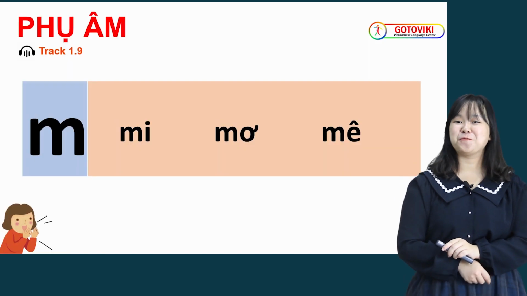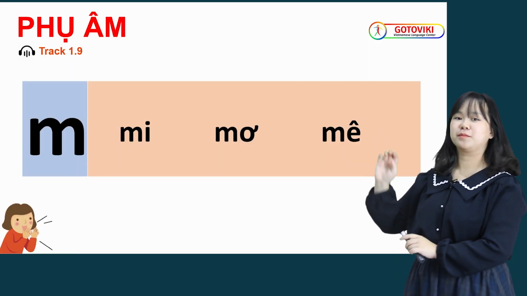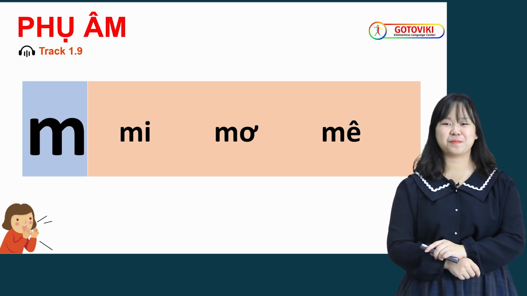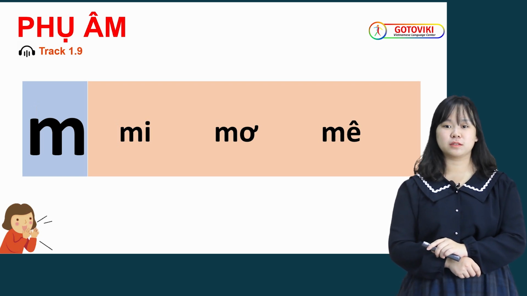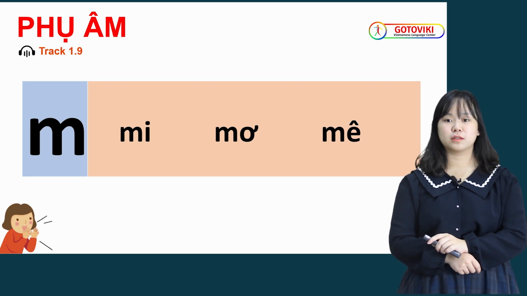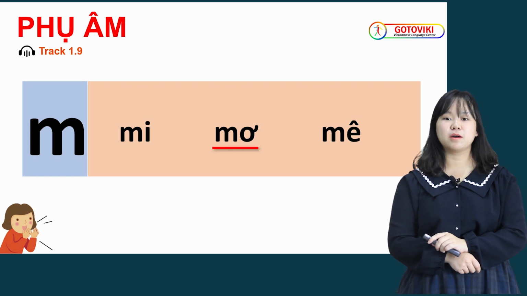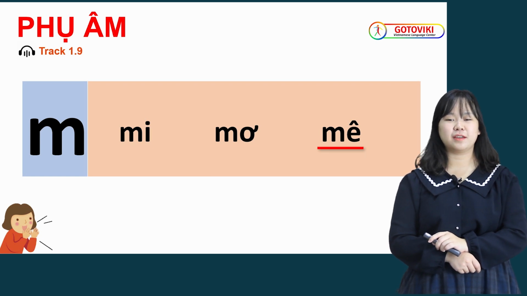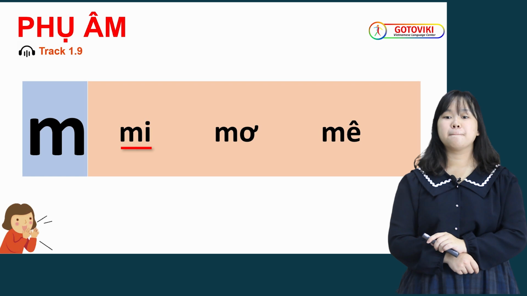We will continue with the consonant m. Let's practice. M, m, m. For example, me, mơ, mê, mi. Mi, mi, mi.